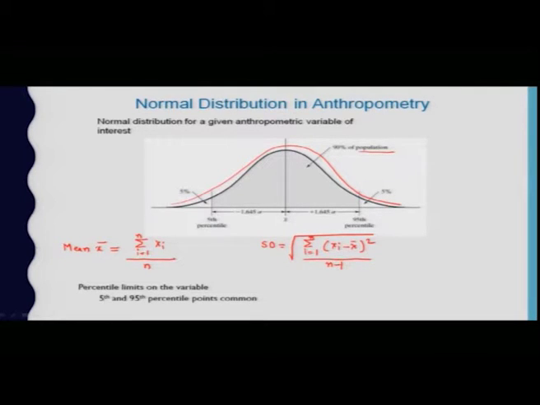These are the equations we use to calculate the mean and standard deviation from measurements sampled from a population, where x is the individual measurement and n is the number of measurements.